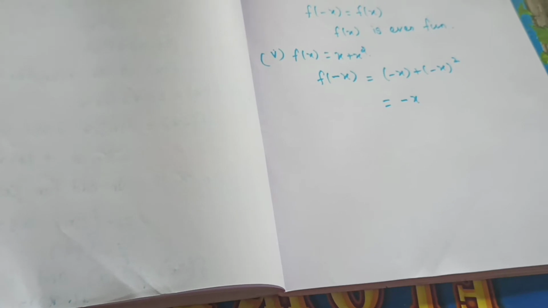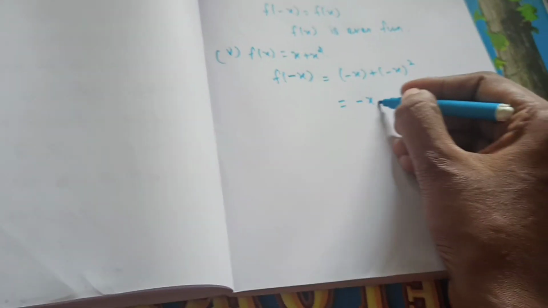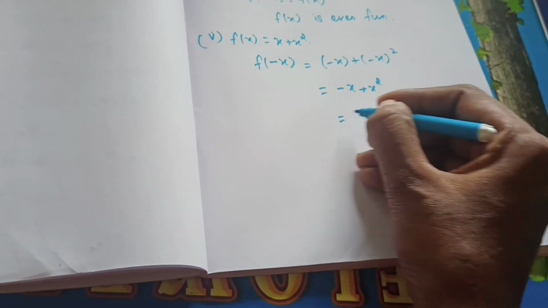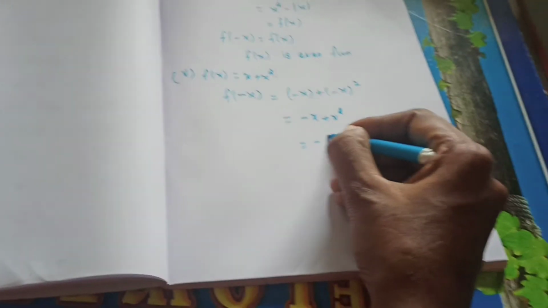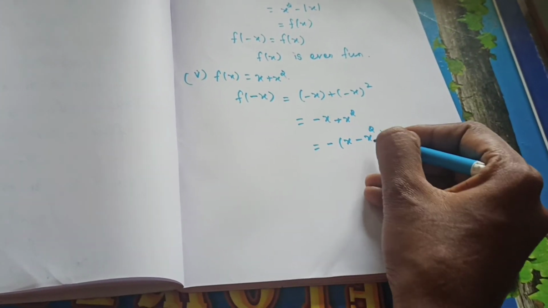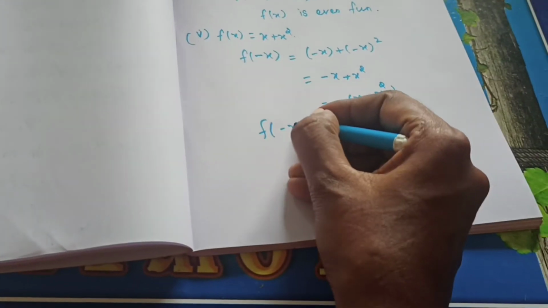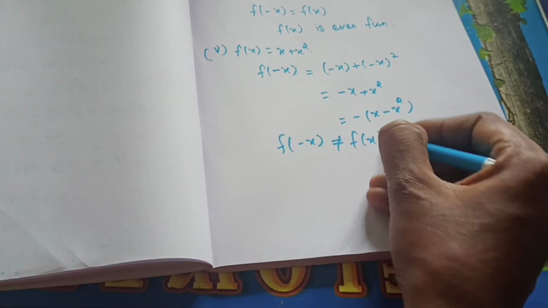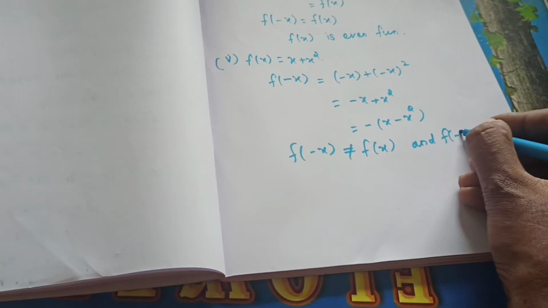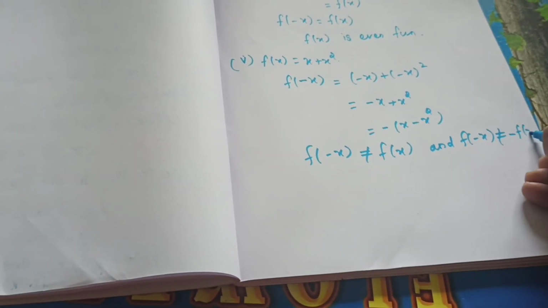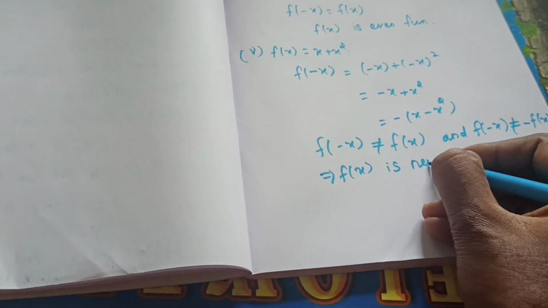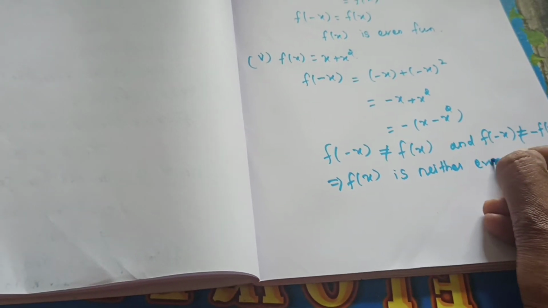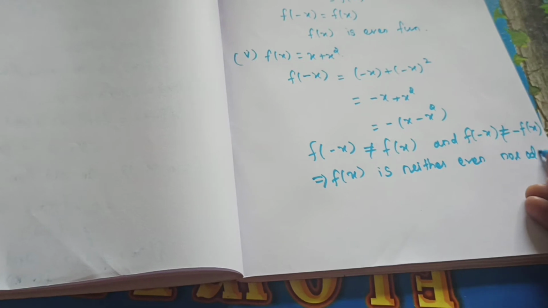That is minus x plus x square, that's equal to minus, if you are taking outside, x minus x square, is it right? So f of minus x is not equal to f of x, and f of minus x is not equal to minus f of x. So which implies f of x is neither even nor odd.